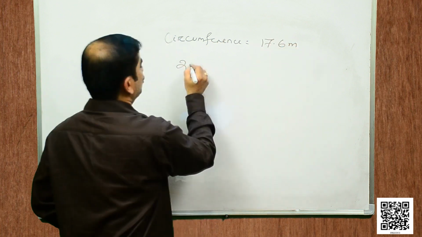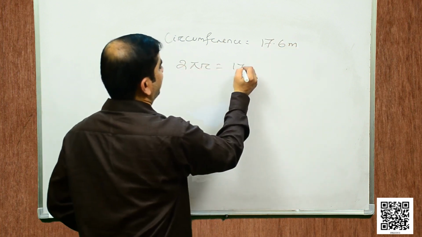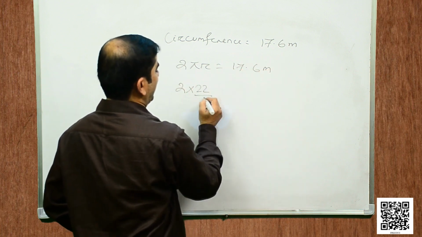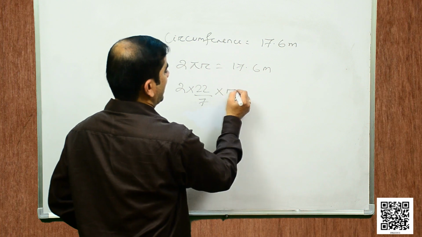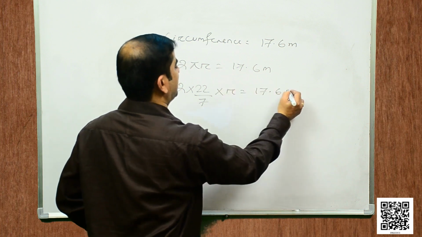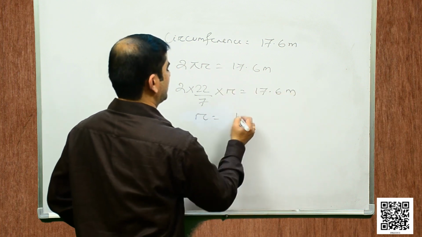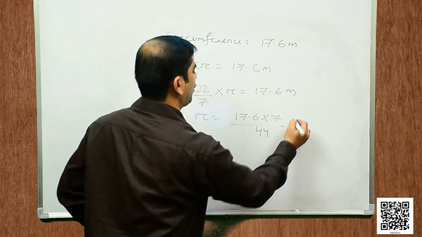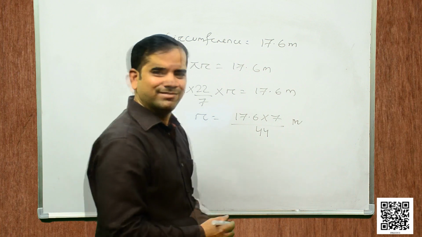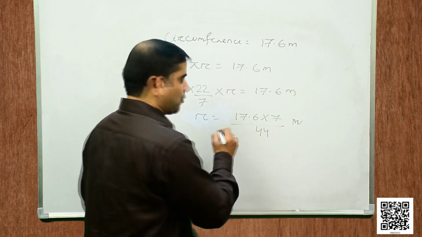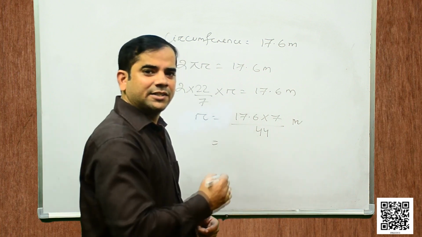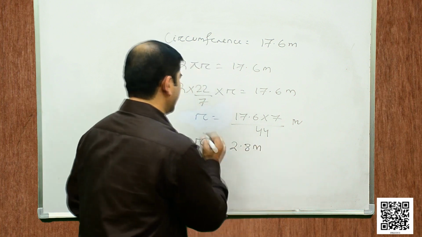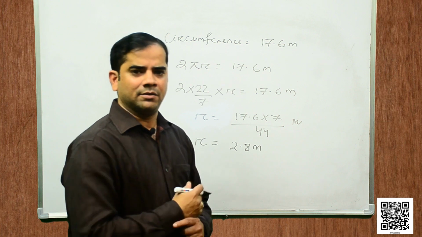That means 2 pi r is equal to 17.6 meter. 2 into 22 by 7 into r is equal to 17.6 meter. So, r is equal to 17.6 into 7 divided by 44 meter. When we calculate, it will give us the solution 2.8 meter. So, the radius is 2.8 meter.